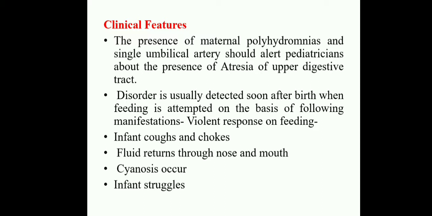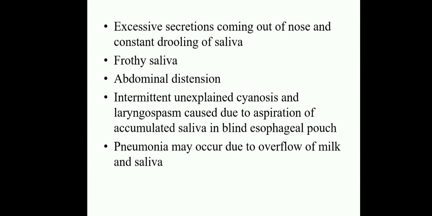Next, cyanosis occurs because the milk may enter the lungs, and the baby has severe respiratory distress. The baby has cyanosis and the infant struggles. These are the clinical features. The next clinical feature is excessive secretions coming out of the nose and constant drooling of saliva.